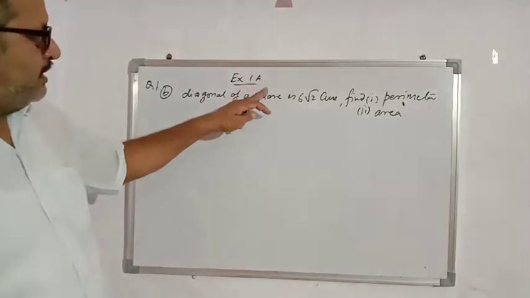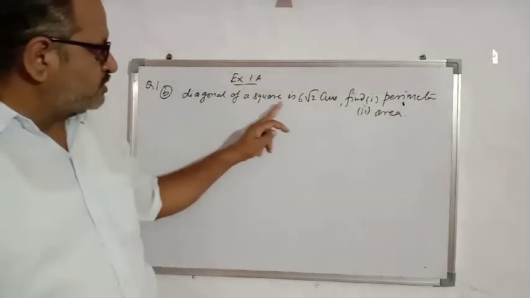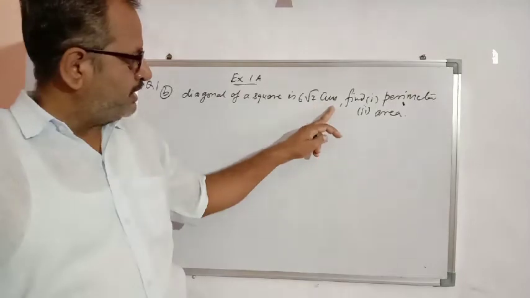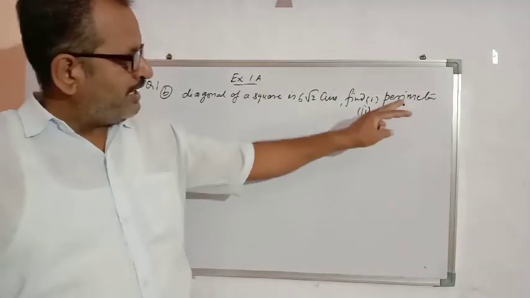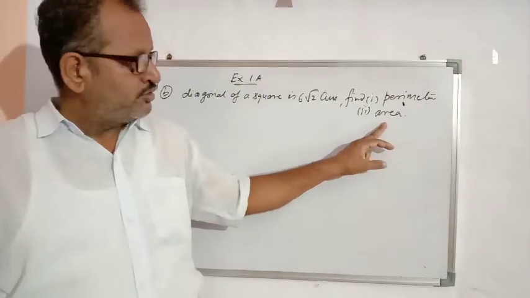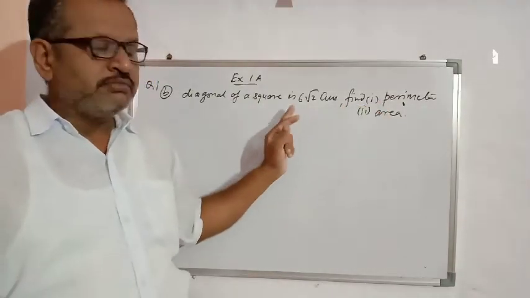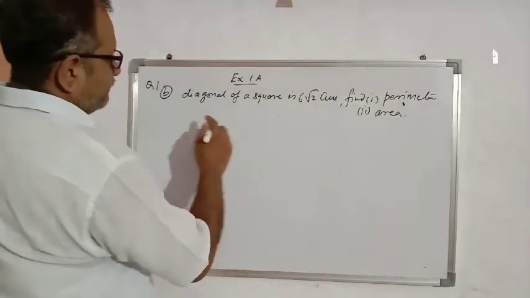See exercise 1A, question number 1, B part. Diagonal of a square is 6 root 2 centimeter. Find its perimeter and area. To find perimeter and area, the side of the square is needed. So firstly we will find the side of the square.